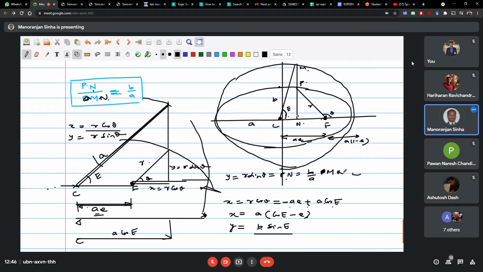So this is MN. MN is known to us, which is nothing but a sin E. So therefore this becomes b sin E. So either way, whatever way you want to write, it's okay. R cos theta is known to us. R sin theta is known. Therefore, r can be described in terms of eccentric anomaly and a.